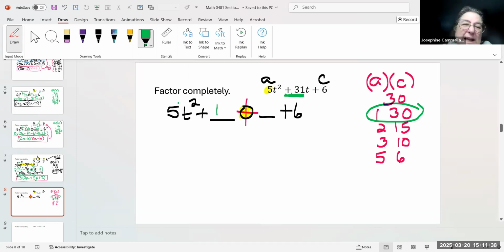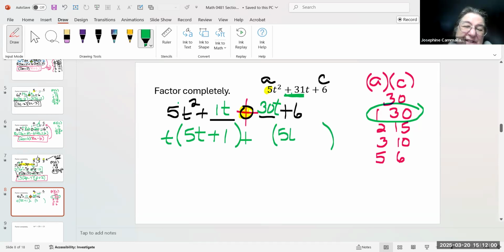This will give me 1t, 30t. Let's factor. I'm taking out a t, and remember, this is going to give me 1. Now remember, I need to get in this parentheses 5t plus 1.